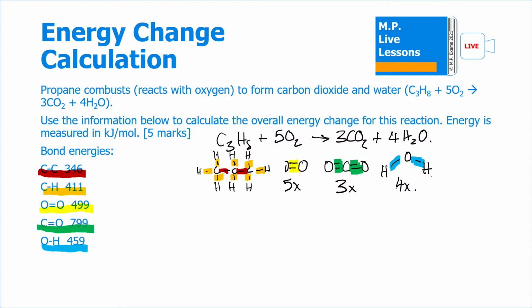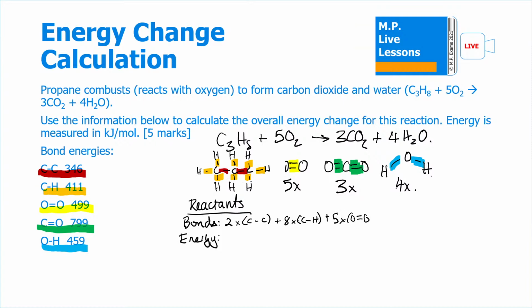Now first what I do, for the reactants, is I'd list out all the bonds. So first I've got 2 CC bonds, as well as that we've got 8 CH bonds. And I just write the energy underneath. And also 5 O=O bonds.